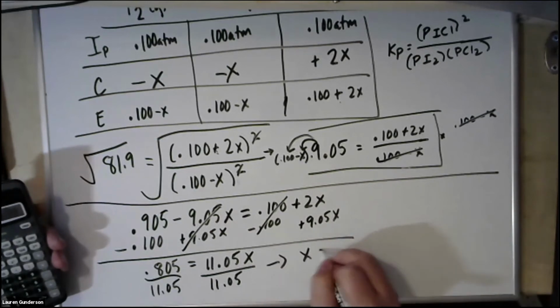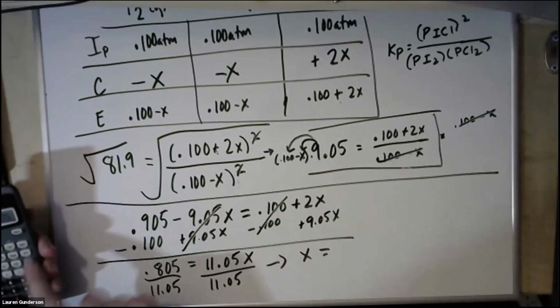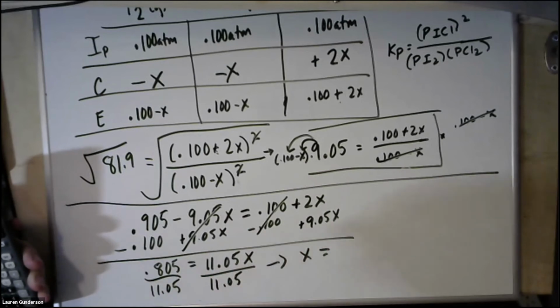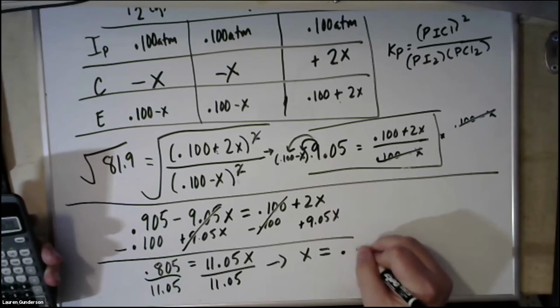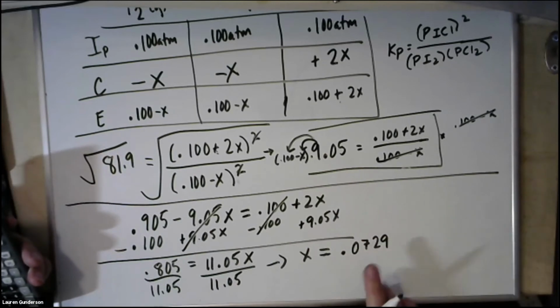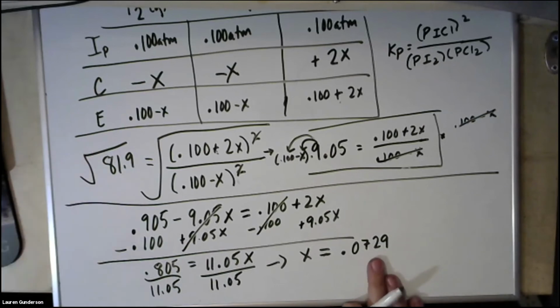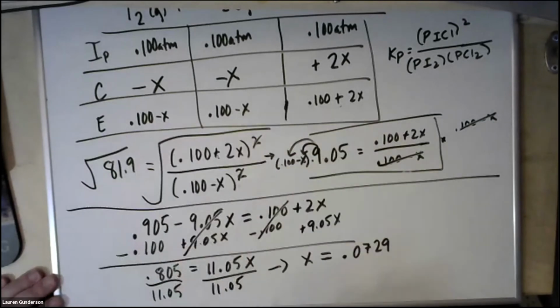Okay, so my x value is going to be 0.0729. Now this is a value I have to go and plug back in up here.